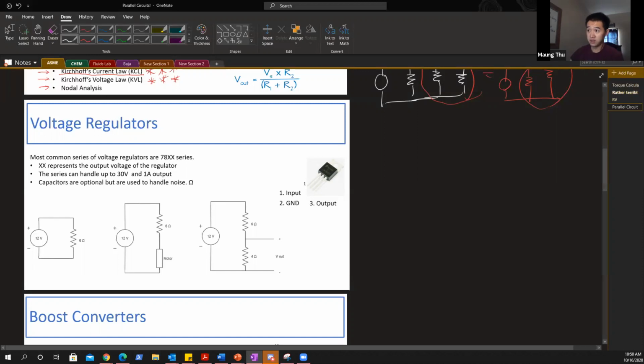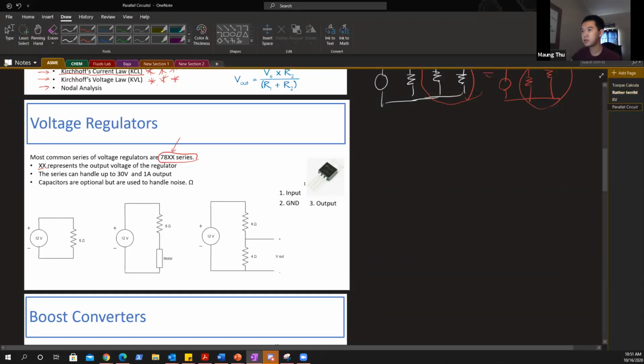Anyway, the one that's most commonly used is called 78XX. I don't know why it's called 78; they just named it that way, but the XX is where it's important. XX represents the type of voltage that you want as your output.